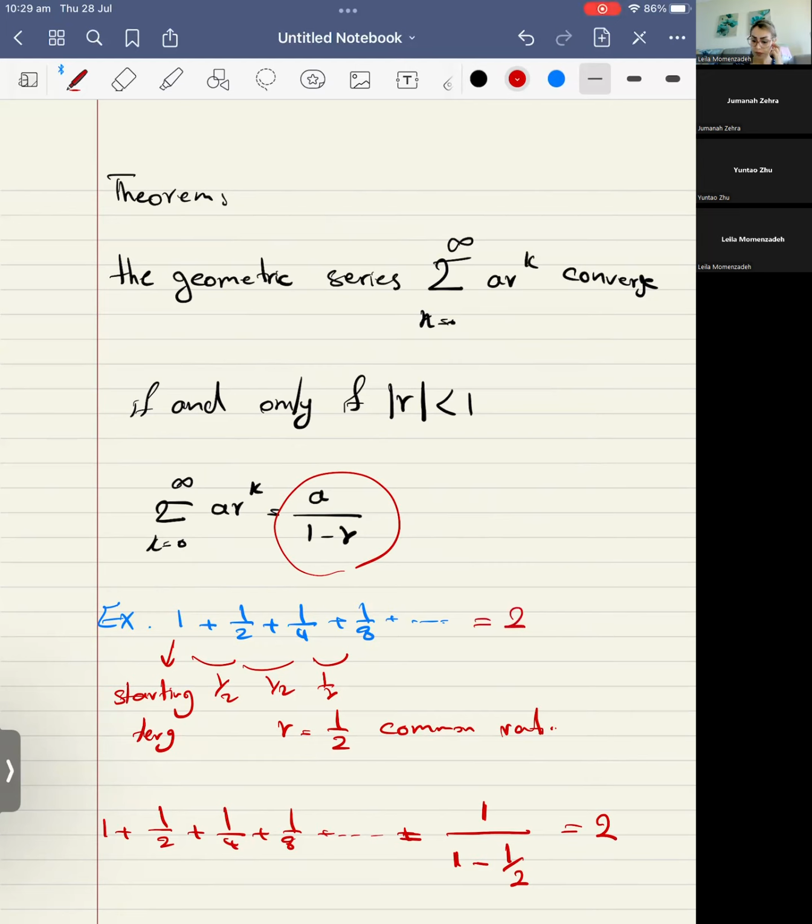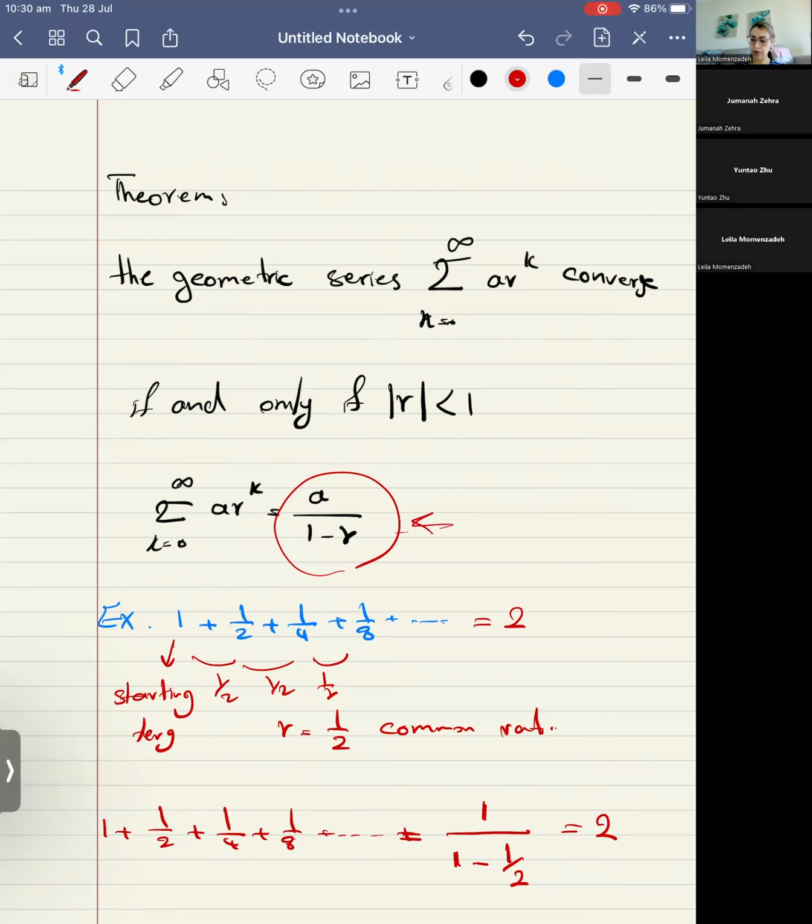We can show with the geometric theorem that the sum is equal to some number with this equation.